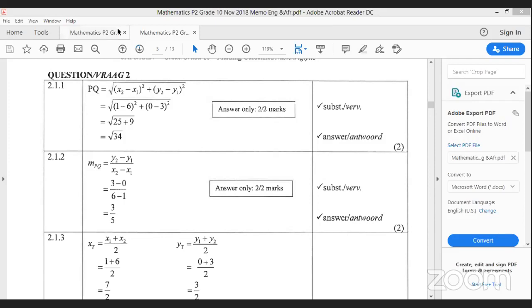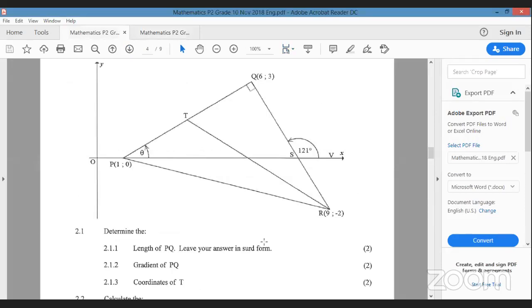Now, if we look at the gradient of PQ, also you need to know the formula. I love this chapter, guys, because it's very easy. You just need to know your formulas and understand them, then you can do any workings. So they are looking for the gradient of PQ.